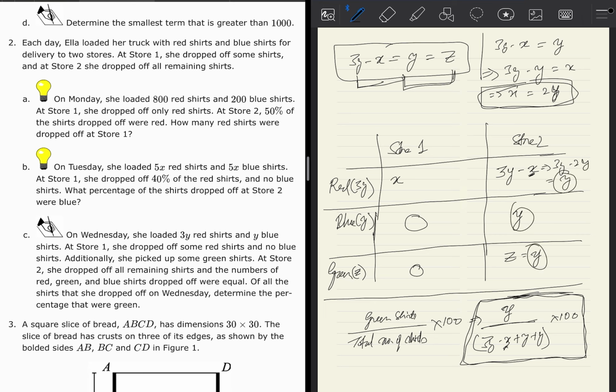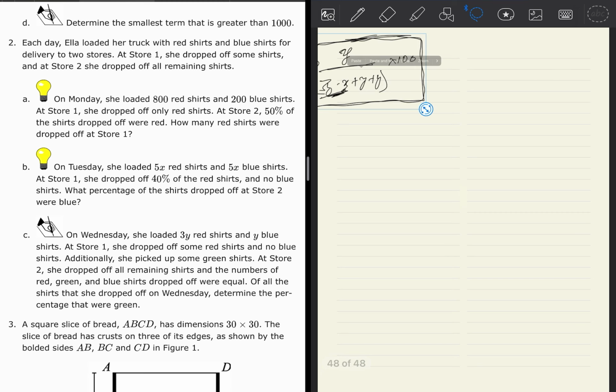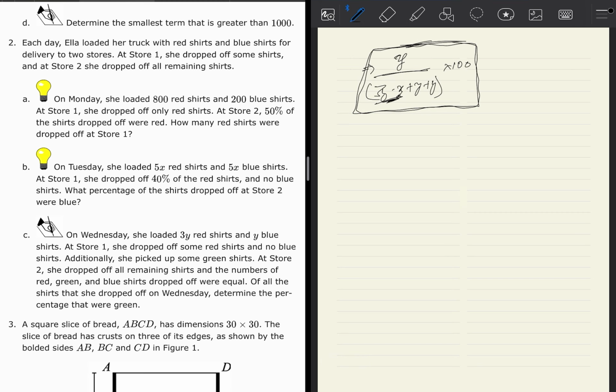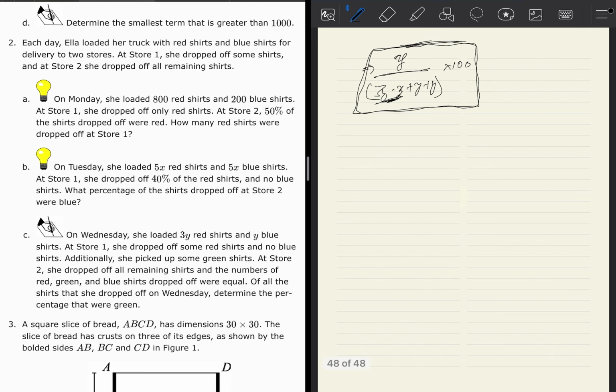So basically we can now replace here. Okay, let's take this to the next page. Previously we figured out that 3Y minus X is equal to Y. So in the denominator we can replace this with Y plus Y plus Y, into 100.